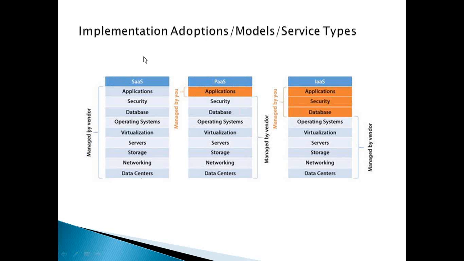They won't give you any option to play with these areas. Just you will have access to the application and you will be using it. You will be taking the benefit out of this whole package. So see here the point, managed by vendor. In case of SaaS, everything will be managed by the vendor. You will be just using it based on your subscription.